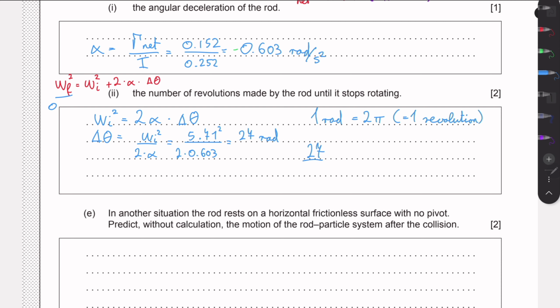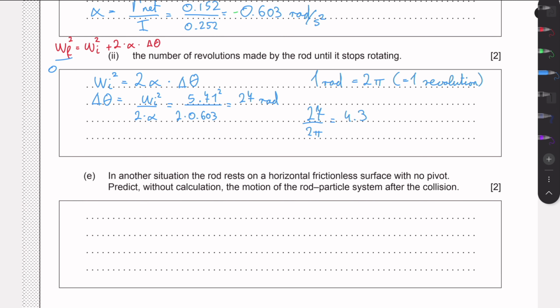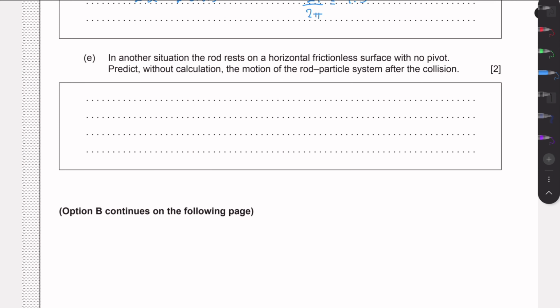So 27 divided by 2 pi will give us 4.3. So it will complete 4 revolutions and a little bit less than a third. And that's our answer.